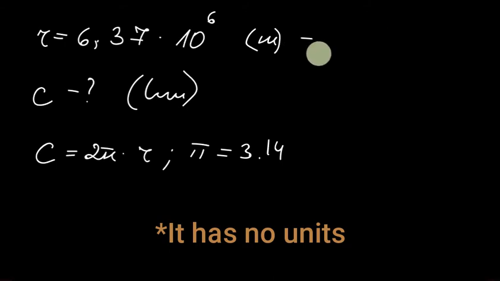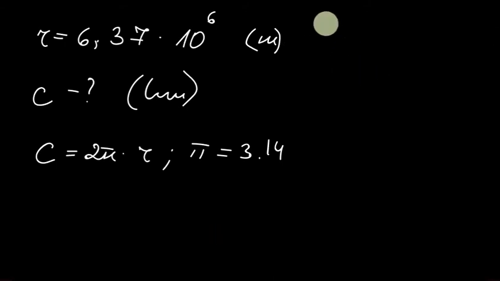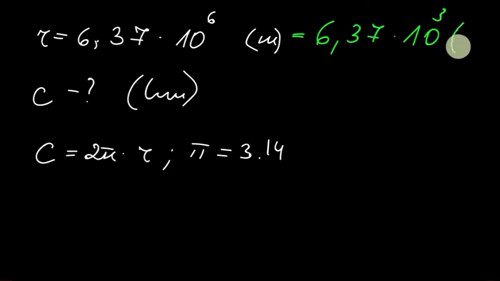So once we do that, we would get that radius is 6.37 times 10 to the third power kilometers, because 1 kilometer has 1,000 meters, so we simply divided this number by 1,000.